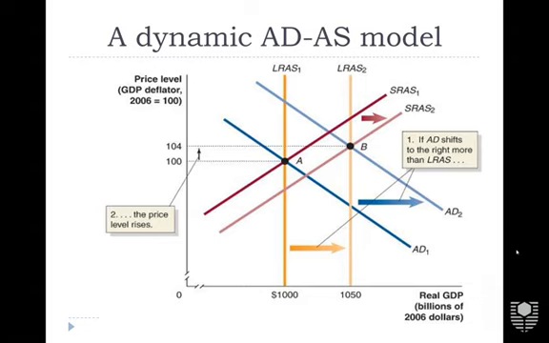And if the aggregate demand curve shifts to the right less than the shift in the long-run aggregate supply curve, that means supply increased more than demand, so there would in fact be a declining price level. So it all depends on how much aggregate demand increases and how much long-run aggregate supply increases.